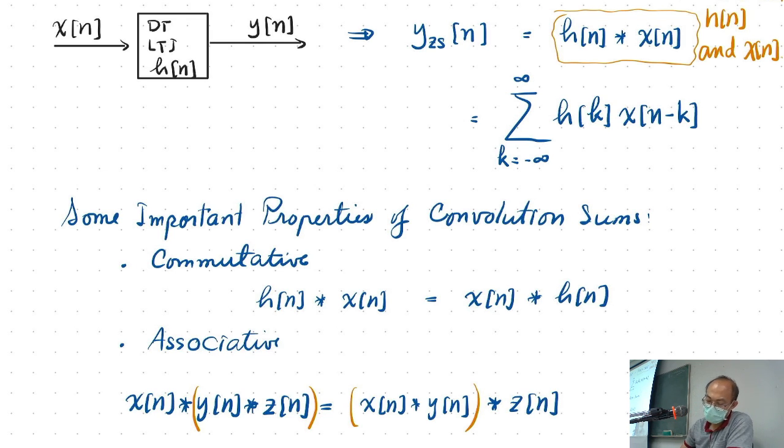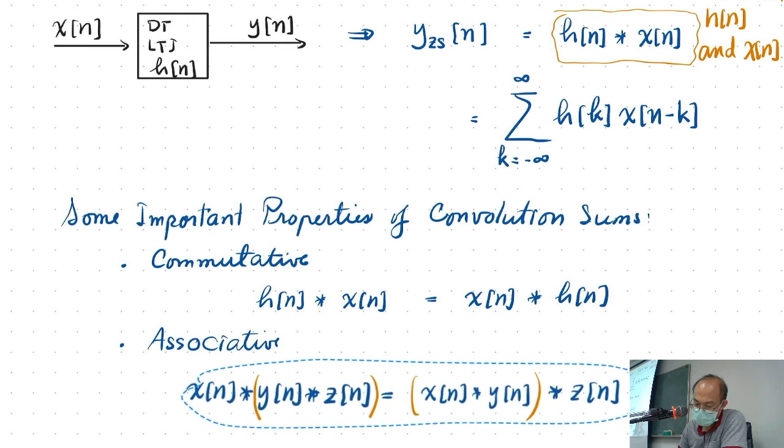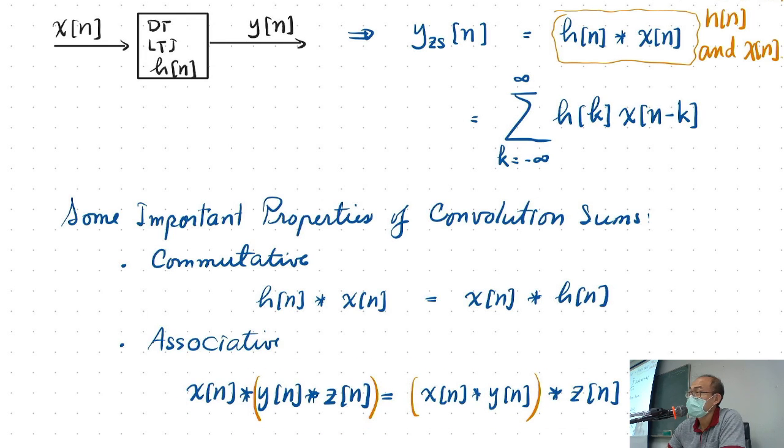So associativity basically says that it doesn't matter which pair goes first. When you perform the convolution sum between three signals, the order doesn't matter.